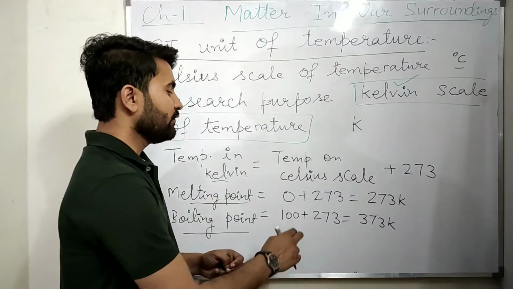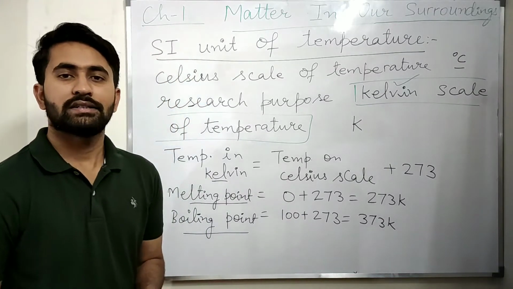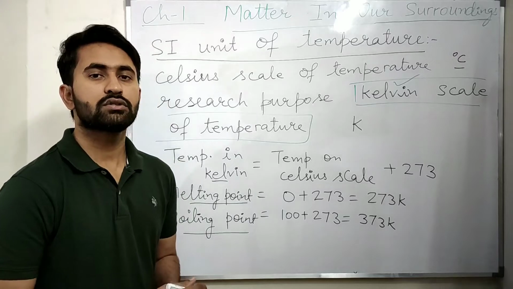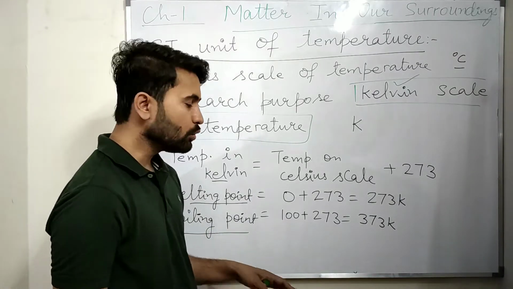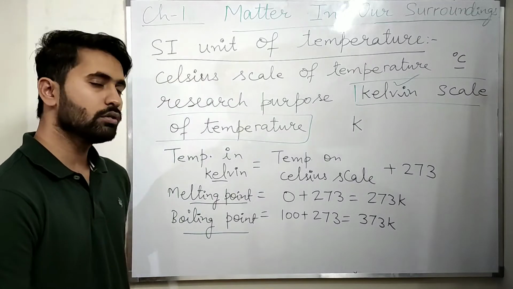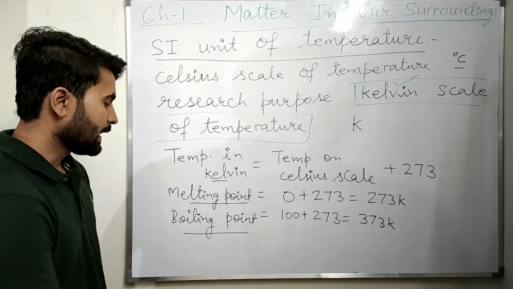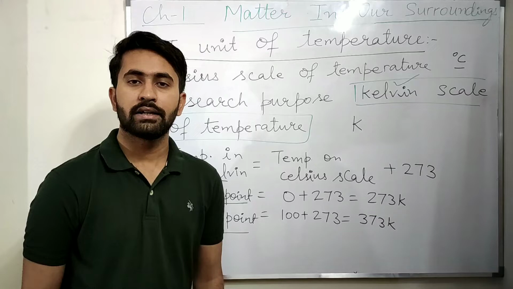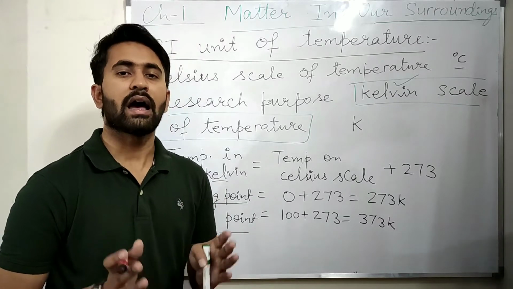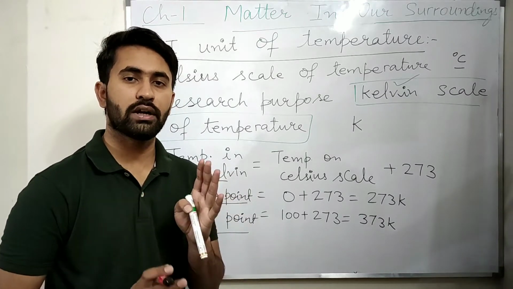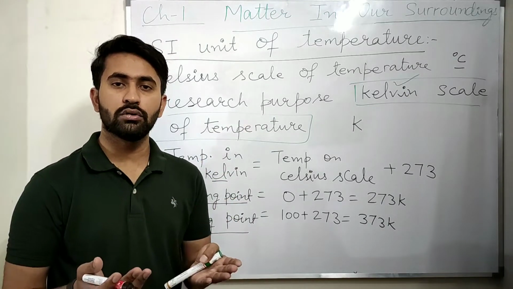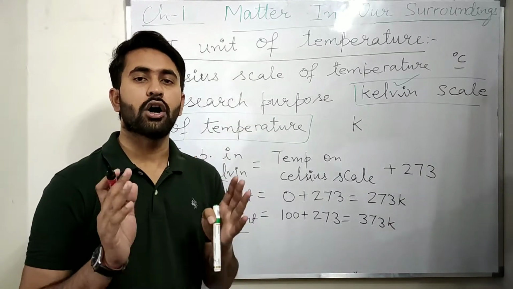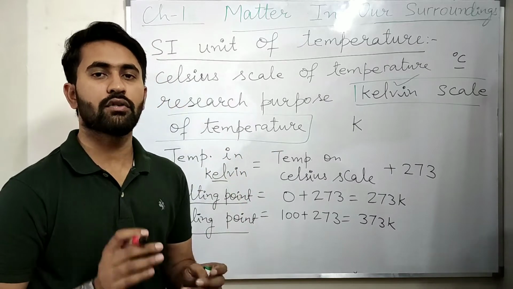Like if we keep ice at 0 degrees Celsius, slowly it will melt and convert into water. And boiling point is the temperature at which the liquid starts boiling and starts converting into its vapors or gaseous form.